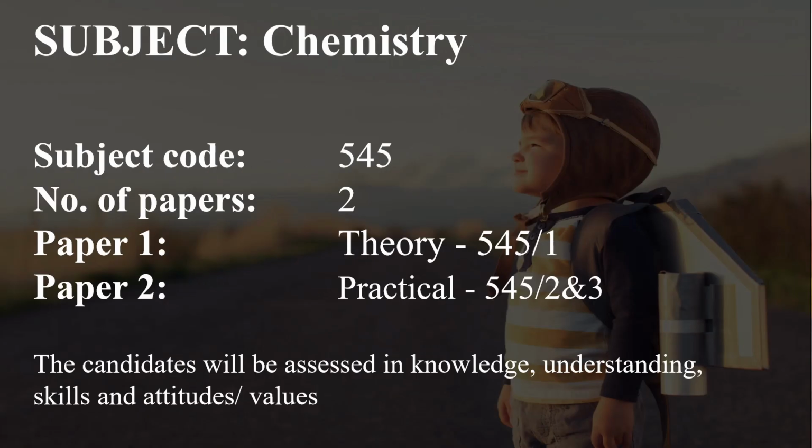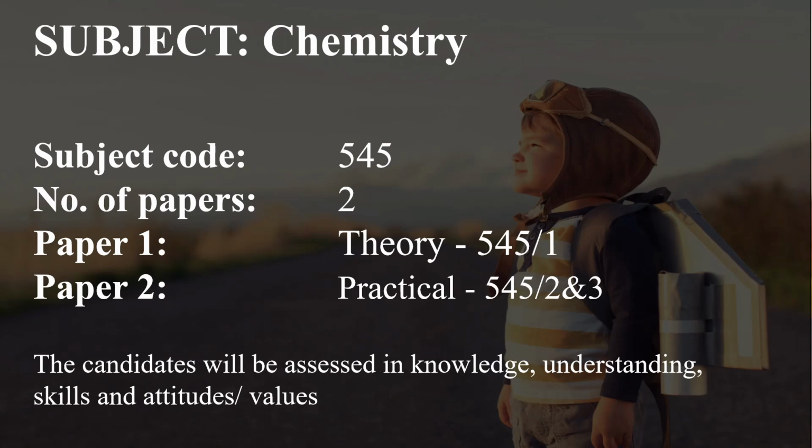Chemistry as a subject under the Ugandan new lower secondary curriculum has a code of 545 and it has two papers. Paper 1 is the theory, which has the code 545-1. Then paper 2 is the practical.